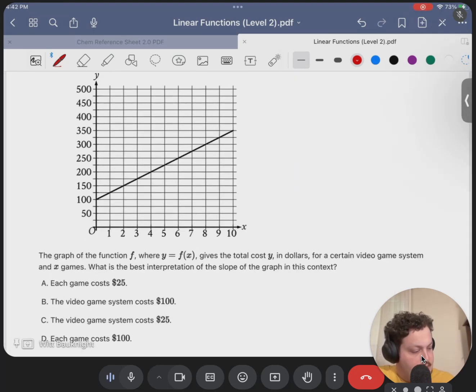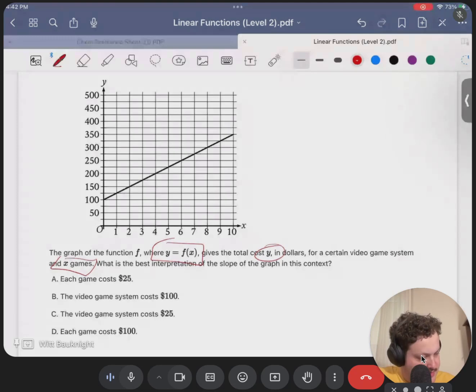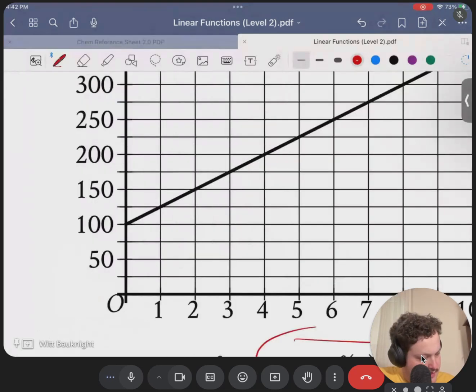Graph of function f, where f of x is the cost in dollars for a certain console and x games. What's the best interpretation of the slope of this graph? Well, what is the slope of this graph? It takes a run of 2 to go up 50.